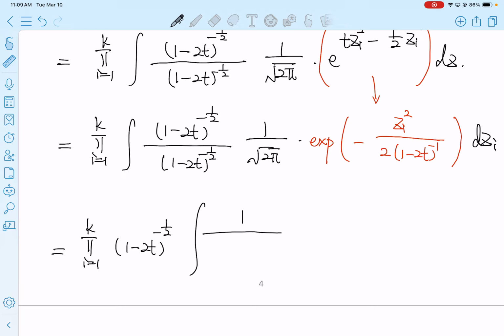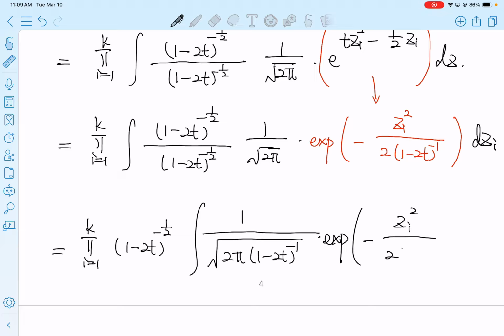You will have 1 over square root of 2 pi (1 minus 2t) to the negative 1, e to the exponential term negative z_i squared over 2 (1 minus 2t) to the negative 1, dz.